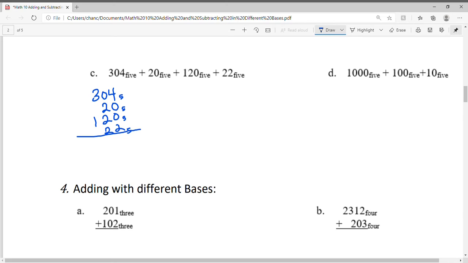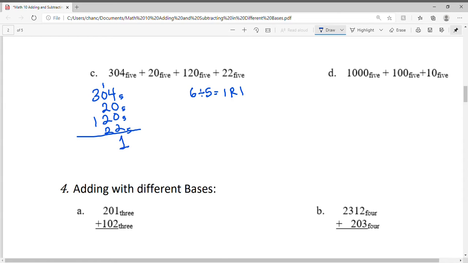We have 4 plus 0 plus 0 plus 2, that's 6. But 6 doesn't exist in base 5, so I'm going to divide it by 5. And I get 1 remainder 1. So I have to carry 1 five over with a remainder of 1.